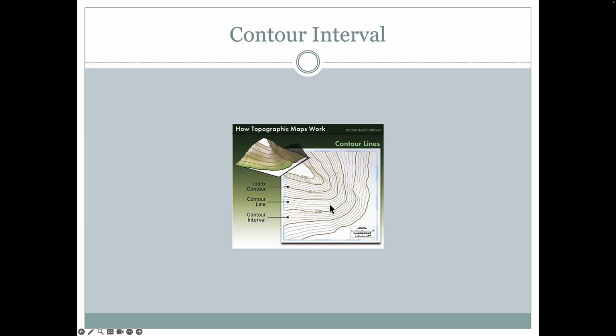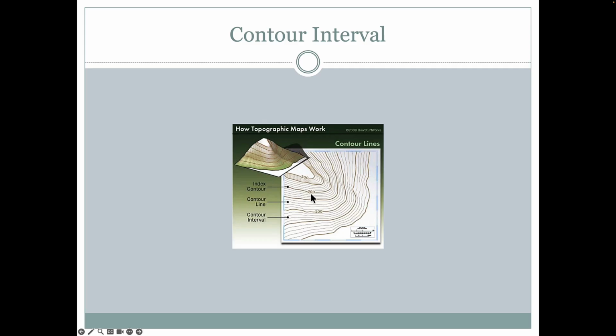And in this example here, I'm at 130 feet elevation. And I know that because here's the 100-foot contour, there's a 200-foot contour, and this next dark contour here is also a dark line. So this would be the 150-foot contour.